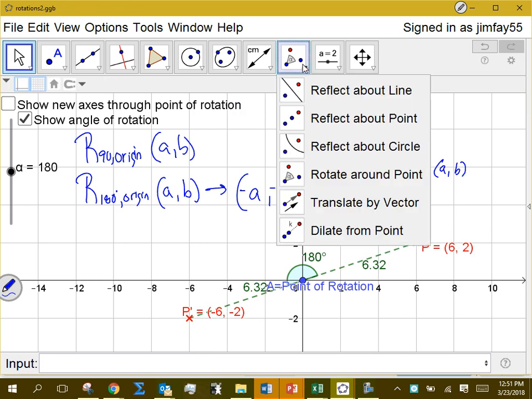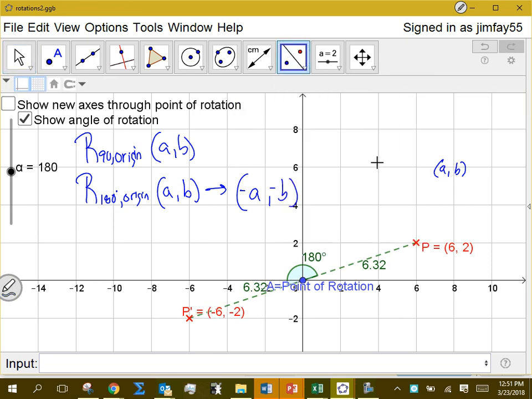Here's a question. Let me take this point, P, and do that. So I reflected across that line and gave you that point there, right? What reflection would I need to do to take this point and get it there? A reflection over that line, right? Does that make sense to everybody?